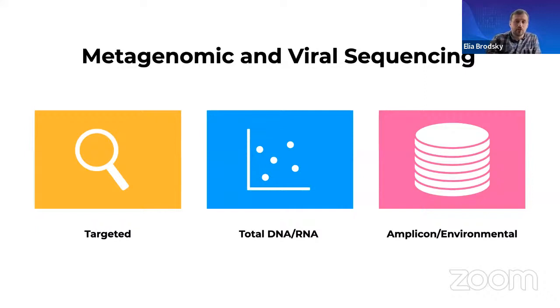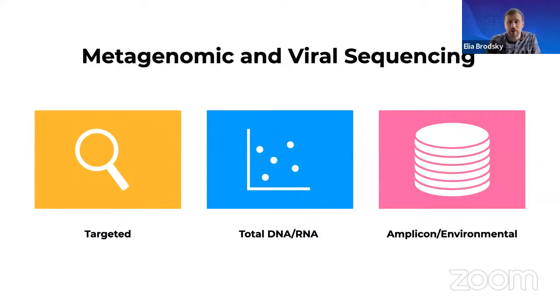Specifically, we can look at targeted regions that we already know. For example, ribosomal RNA is one way to look at only bacteria, because bacteria have ribosomal RNA that is different in structure from, for example, human ribosomal RNA. And so that's how we can amplify a particular type of sequence to identify only bacterial DNA or RNA.